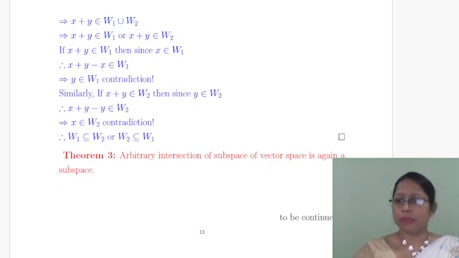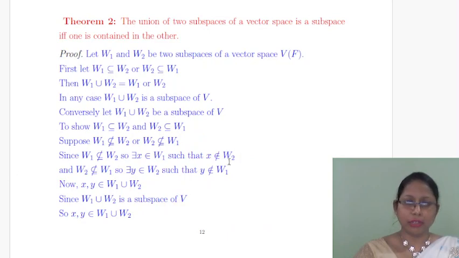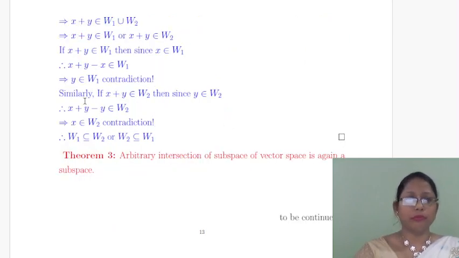Here we have considered an element x belongs to W1. As W1 is not contained in W2, x belongs to W1 but x does not belong to W2. So if x plus y belongs to W2, then since y belongs to W2 and W2 is a subspace, minus y belongs to W2.